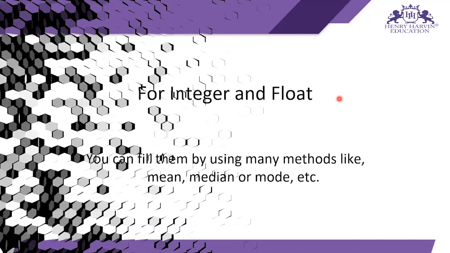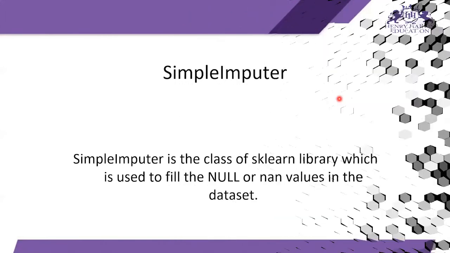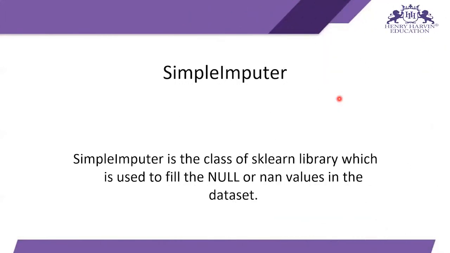In this session, next comes the simple imputer. Simple imputer is a class of the scikit-learn library. As you can see, SimpleImputer is the class of the sklearn library which is used to fill null or NaN values. If you have null or NaN values, by using this SimpleImputer class you can fill them in your dataset.